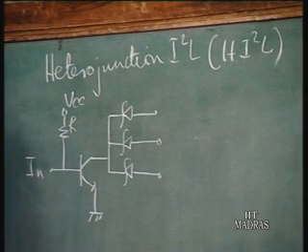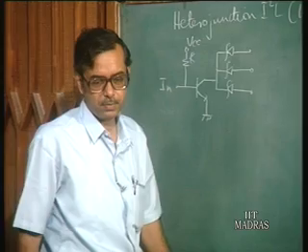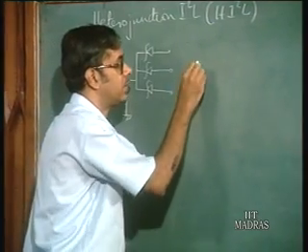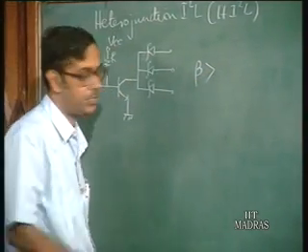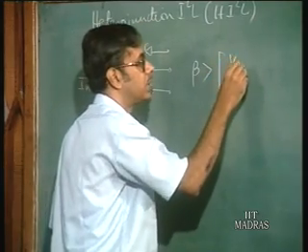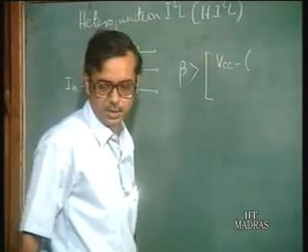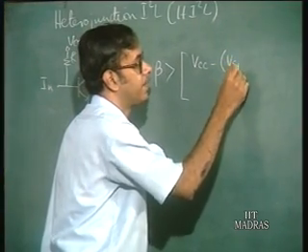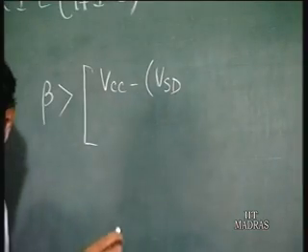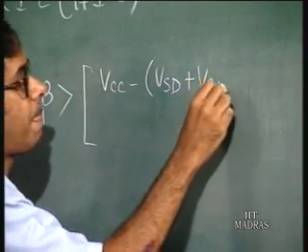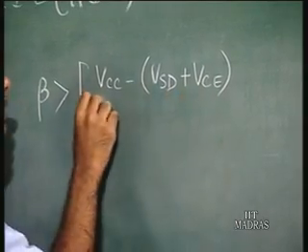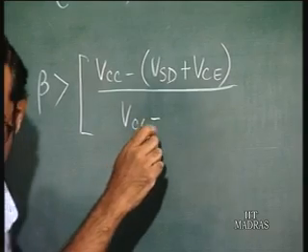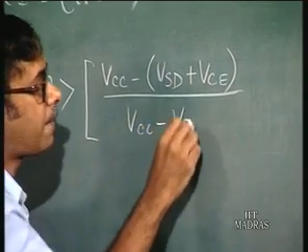Now, we had also derived a condition for saturation of the transistor, and we had seen that in order to ensure that the transistor goes to saturation, beta of the transistor must be greater than VCC minus VSD plus VCE, divided by VCC minus VBE, correct?